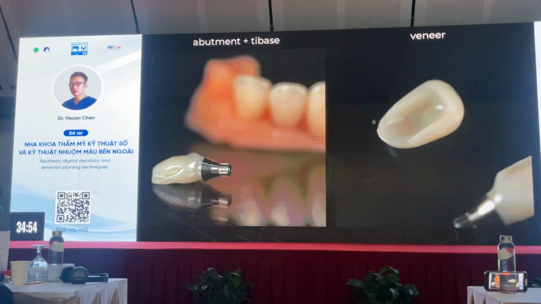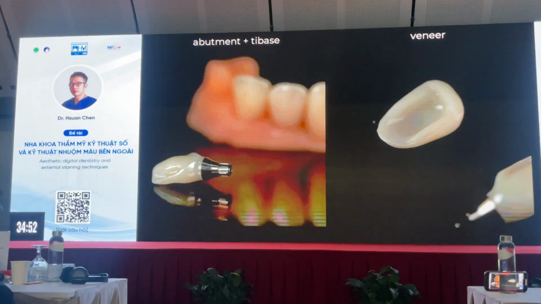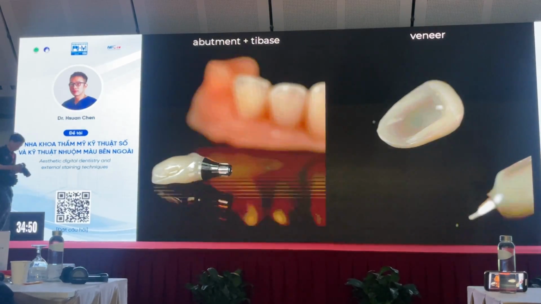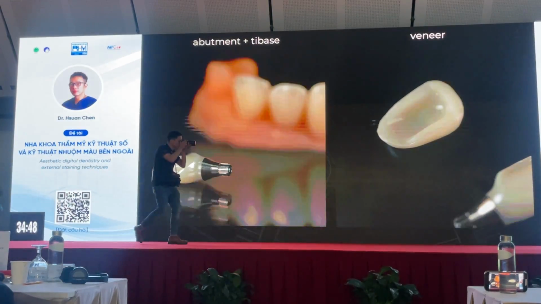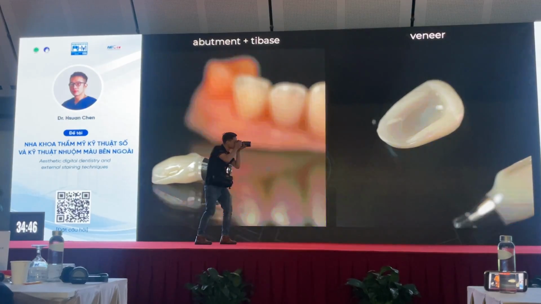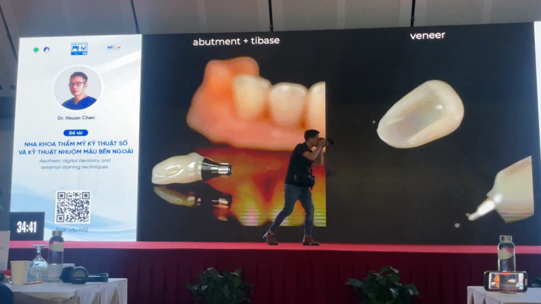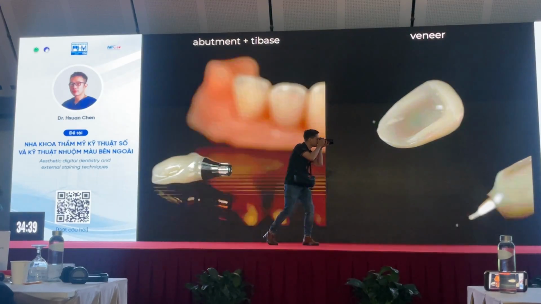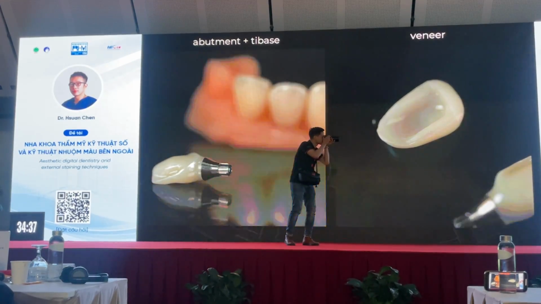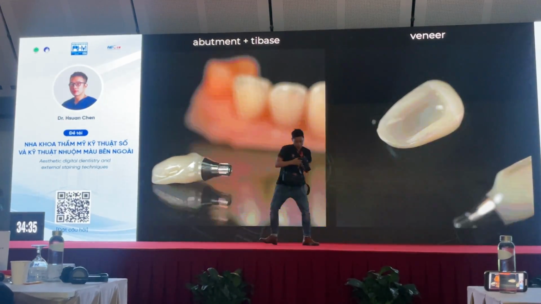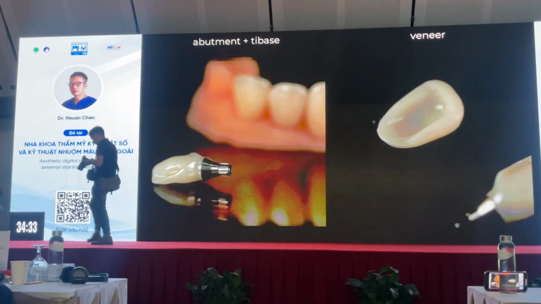We don't want to use something like Emax or other ceramics because studies have shown that Emax and other ceramics are not very good for biology. But we don't want to use zirconia in this case. Why? Because we have a zirconia implant next to two Emax crowns. It's going to be very difficult to make zirconia look like Emax.